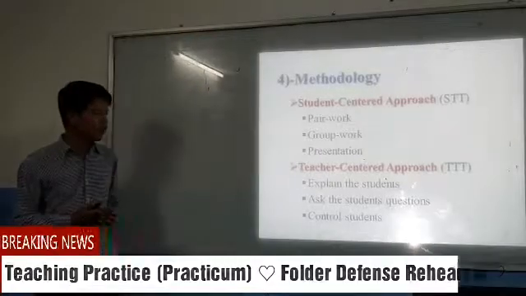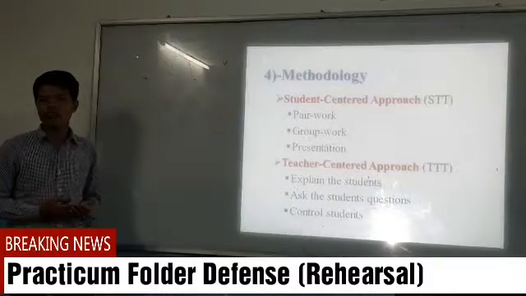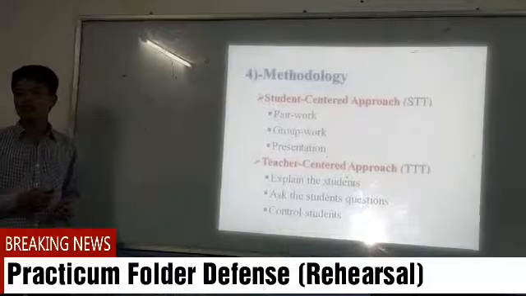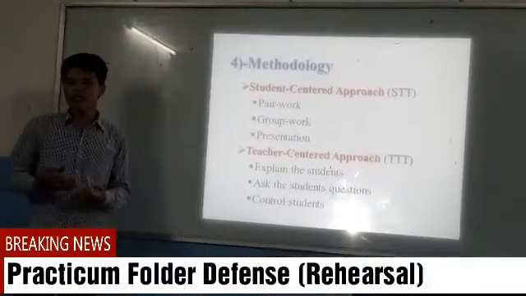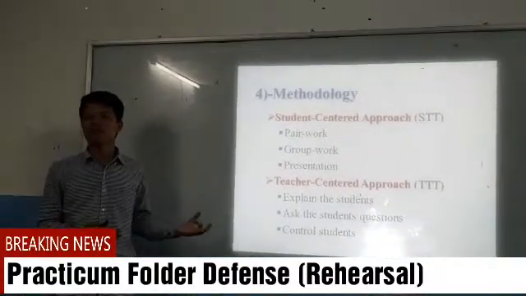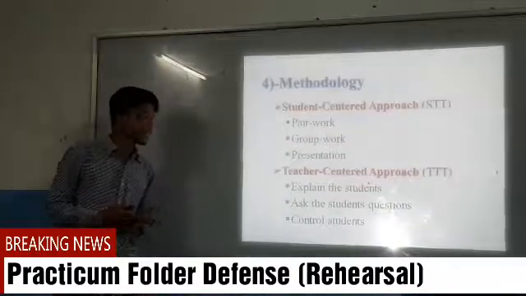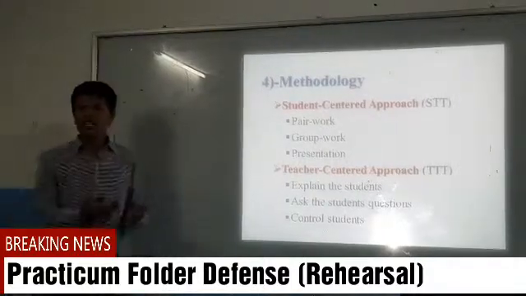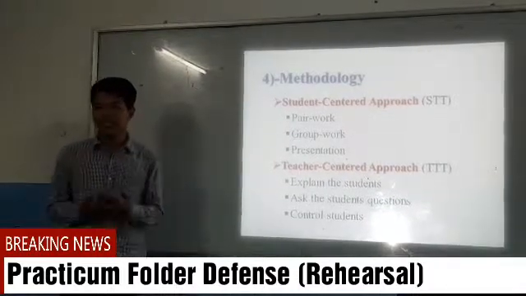So the teacher-centered approach has an advantage also, because when the teachers teach the students and explain to them, it increases the students' knowledge. But it has many disadvantages also, because when the teachers teach the students, the teachers cannot know the students' ability.